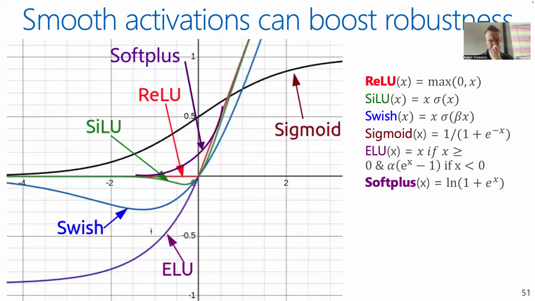So it might help the network learn some negative features and maybe balance internal representations more. This is one of the ways I would interpret it.